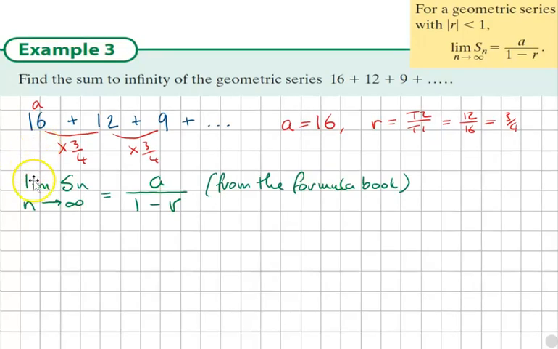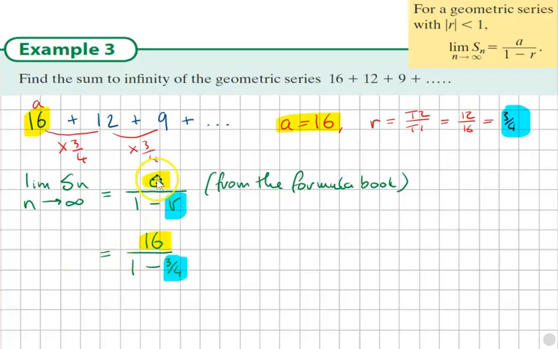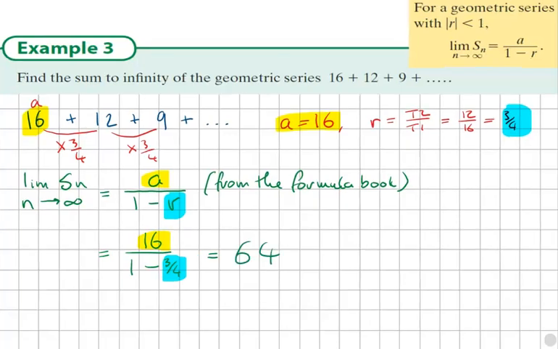From the formula book, I have the limit of Sn as n approaches infinity is equal to a over 1 minus r. I replace a with 16 and I replace r with 3/4. Putting that into the calculator, you get 64.